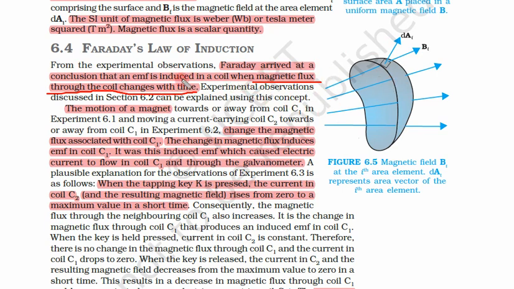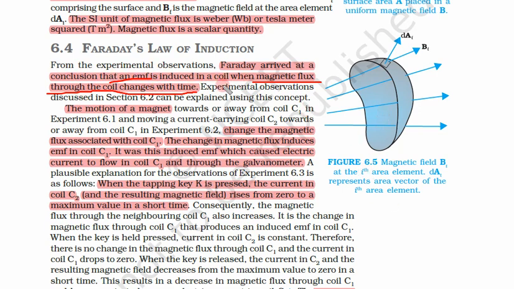So if that flux is changing with time, then we get some kind of EMF or current. What is EMF? If you remember, EMF is voltage when there is no resistance. So this voltage or EMF gives rise to a current.